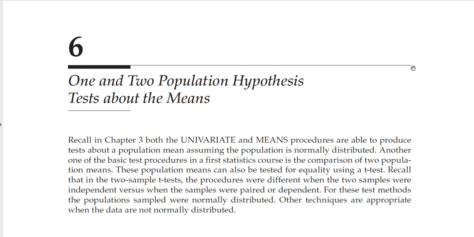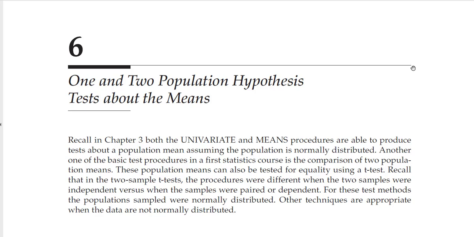Our topic in Chapter 6 is once again revisiting tests about a single population mean, and we'll also discuss how to compare two population means for equality in this chapter, and that all of this is done in a new procedure to us, and that is the t-test procedure.